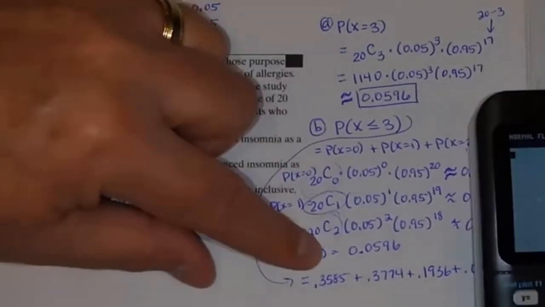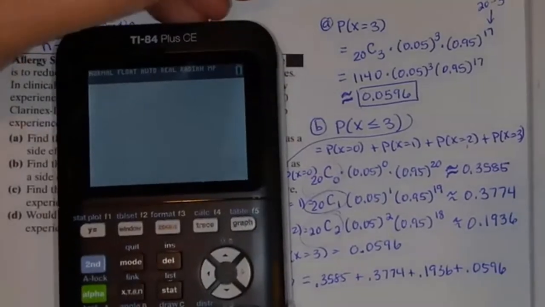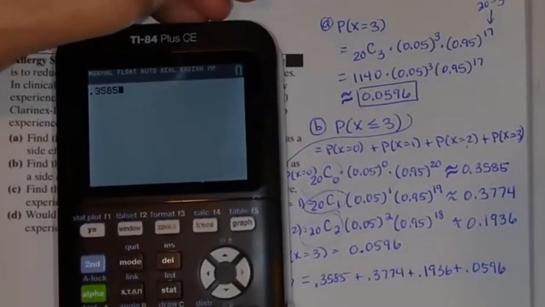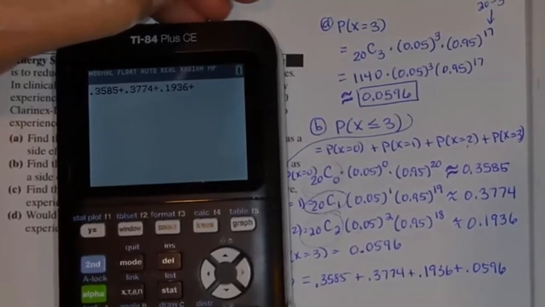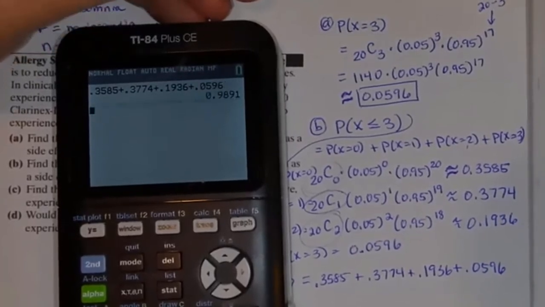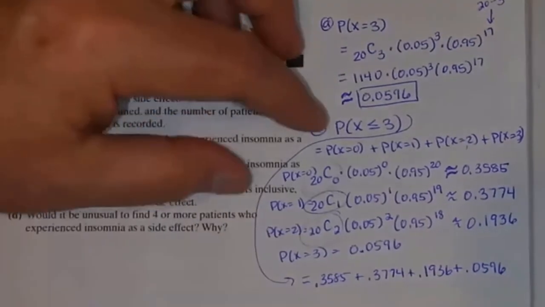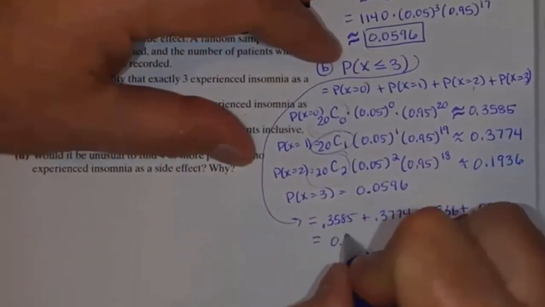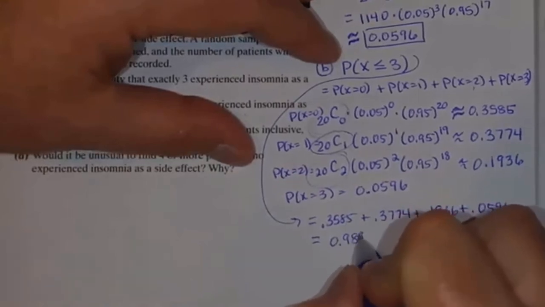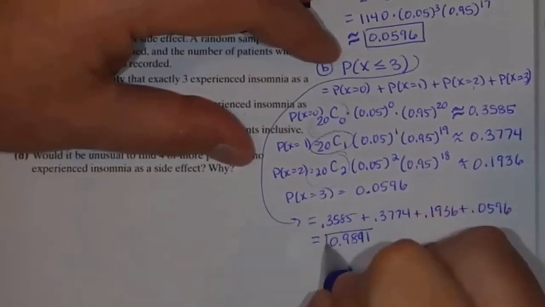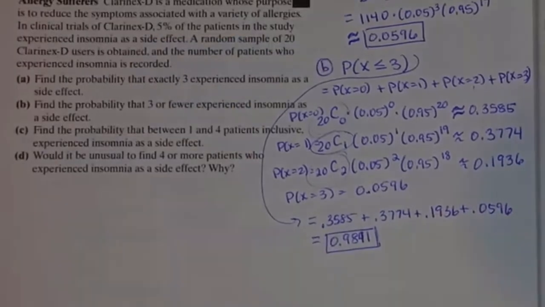And so if I add that up, that adds up to be 0.9891. So again, if I give XD to 20 different patients, the probability that 3 or fewer of them suffer insomnia as a side effect is 0.9891.